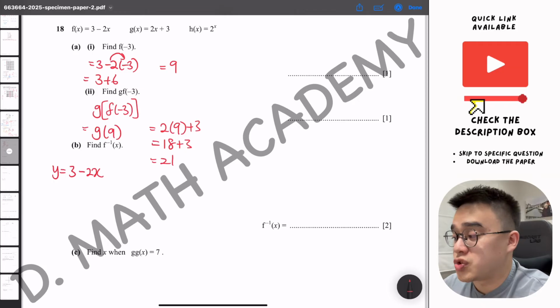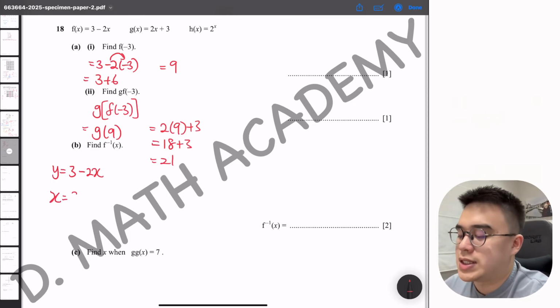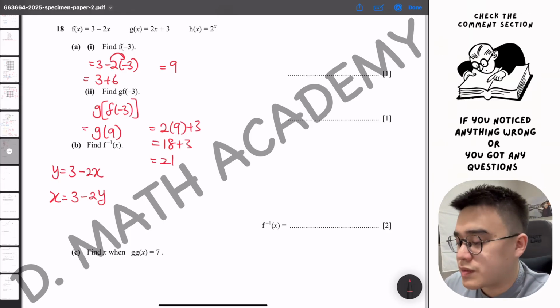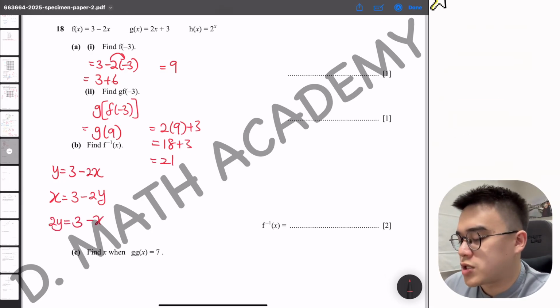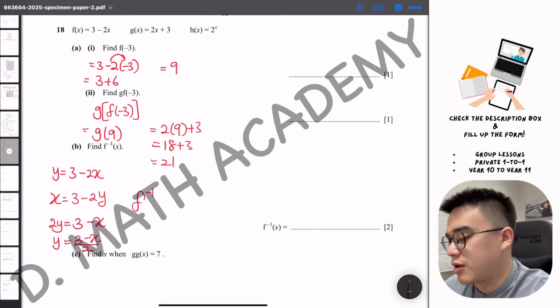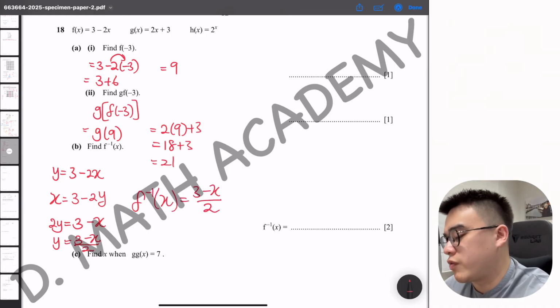Swap as in just replace whatever was originally y into x and whatever was x into y. Then the last step is to make y the subject. You have to shift the 2y to the front, shift the x to the back, making y the subject, leaving it looking something like this, and your inverse has now appeared. It was (3 minus x) over 2.